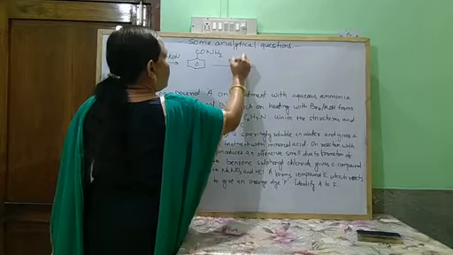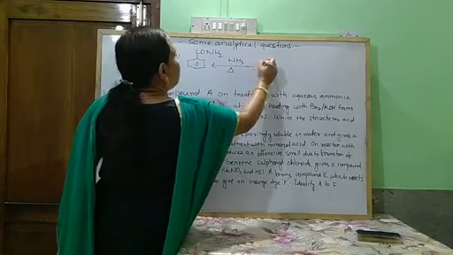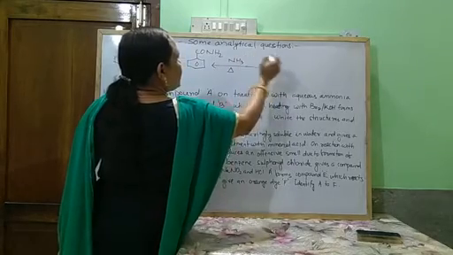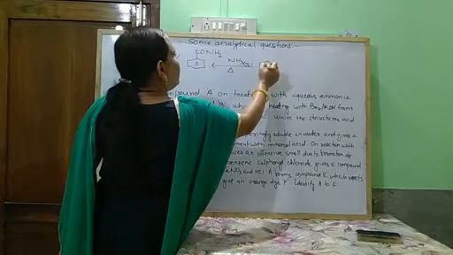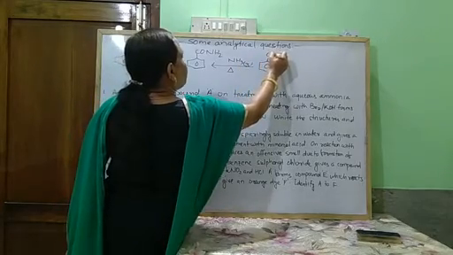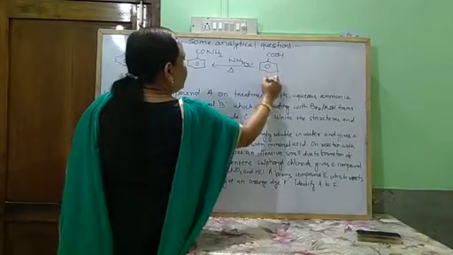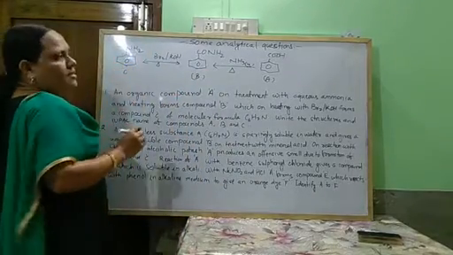When one compound is heated with ammonia, either liquid ammonia or aqueous ammonia. Okay, so it is your acid. It may be an acid. So A is this one, B is this one, and C is this one.